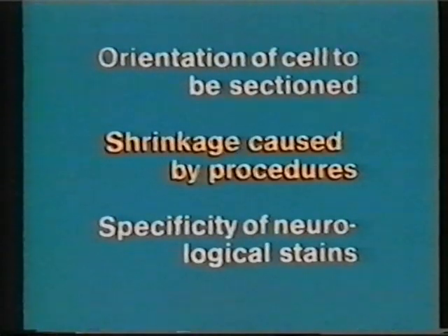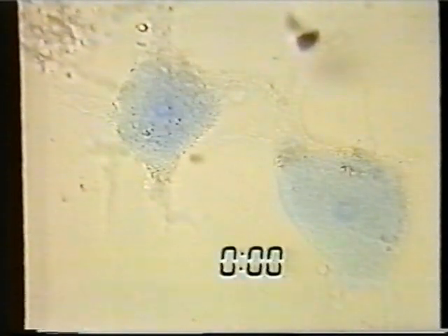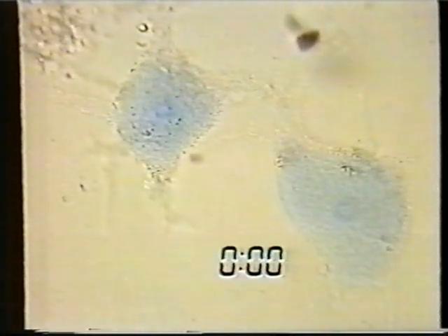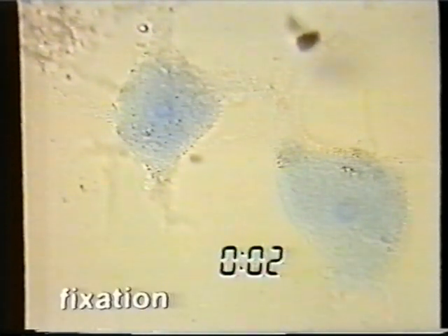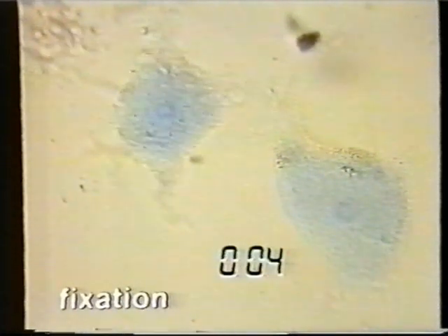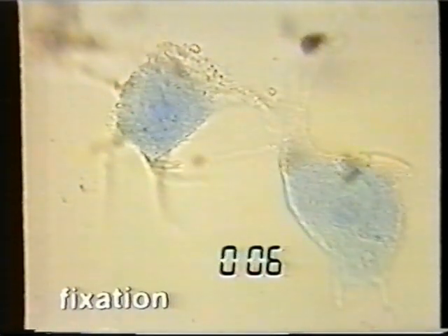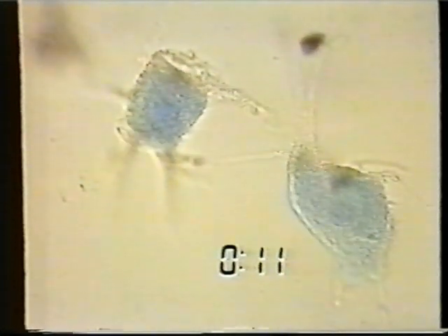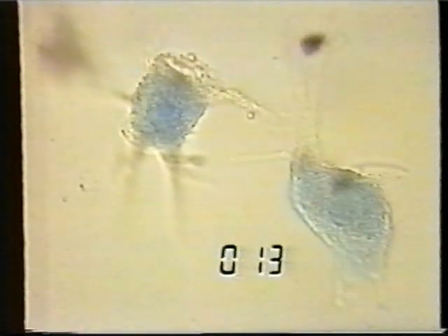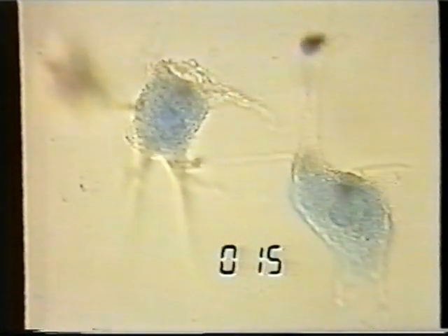Secondly, any staining procedure alters cells considerably and distorts their organelles. These are two unfixed neurons isolated by hand dissection. You can see that they are fairly globular with large nuclei. Watch what happens as they are fixed and stained. This sequence was recorded in real time and then edited to reduce the overall running time on the screen.